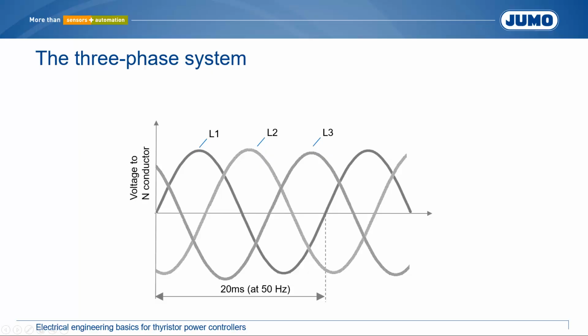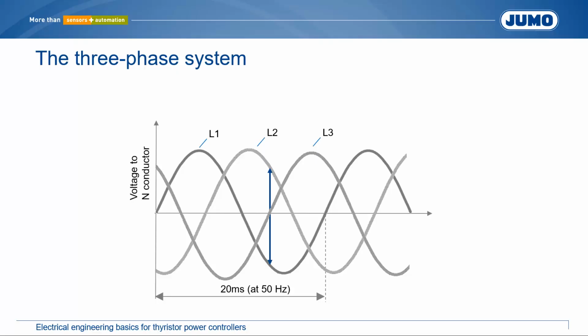A total of 3 phase conductors are present in the low voltage networks. The voltages between the respective phases L1, L2 or L3 and the neutral conductor are equal. As mentioned before, this is the phase to neutral voltage, which is usually 230 volt AC. The voltage between two phases, for example between L1 and L2, is the phase to phase voltage, which is obtained by multiplying the phase to neutral voltage by the square root of 3.